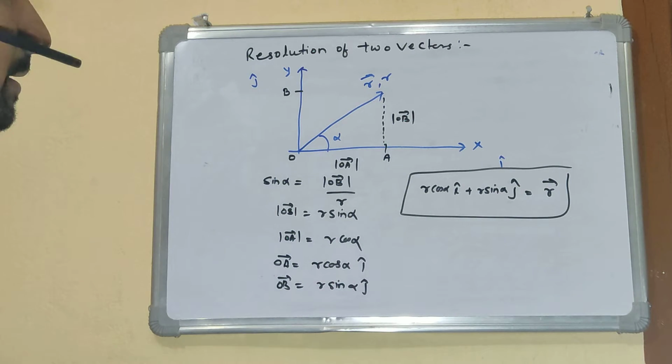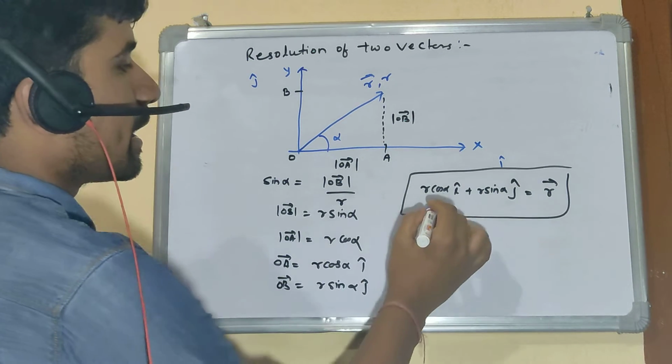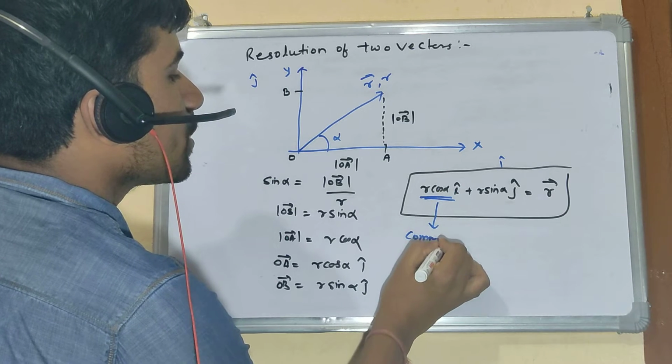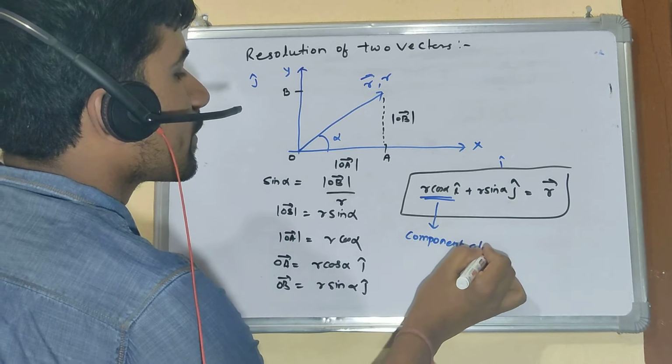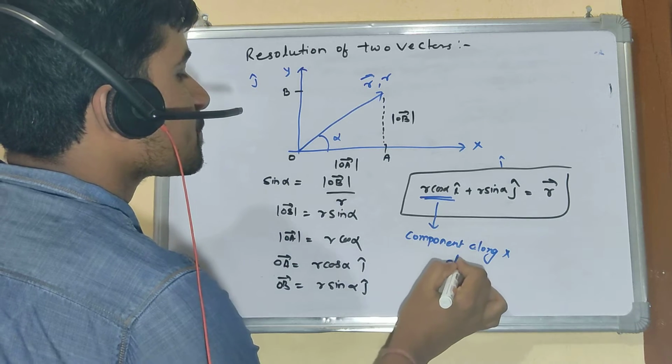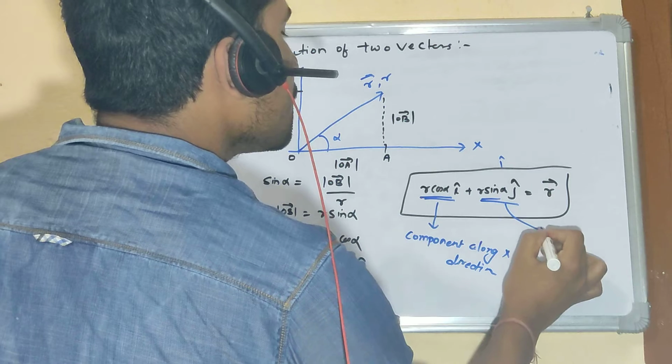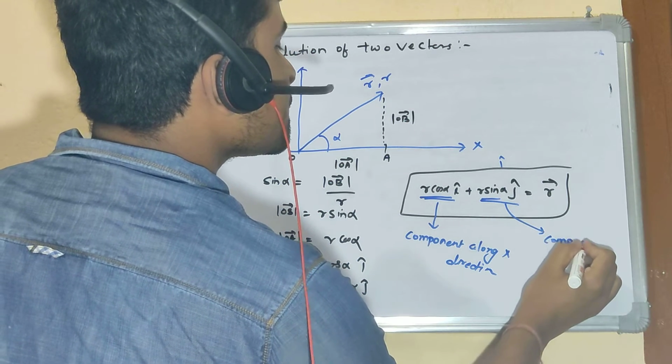So this R cos alpha i cap is the component along x direction, and this R sin alpha j cap is the component along y direction.